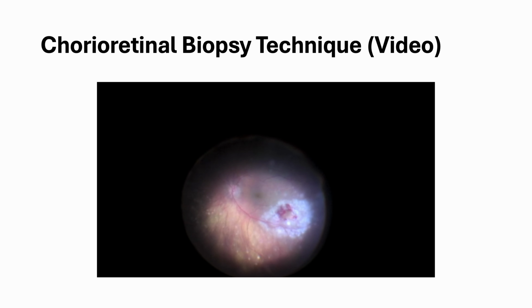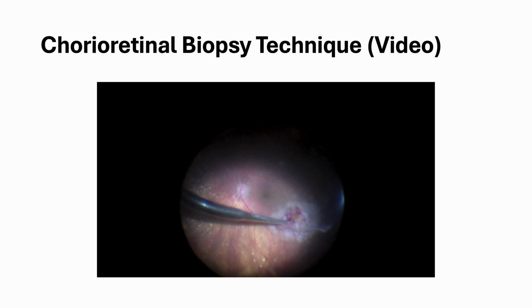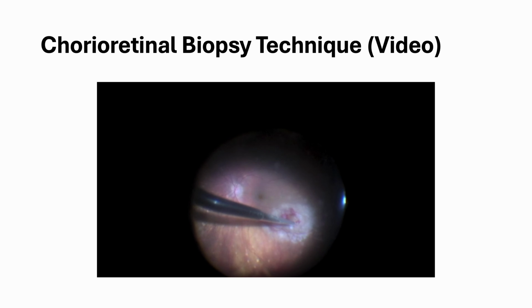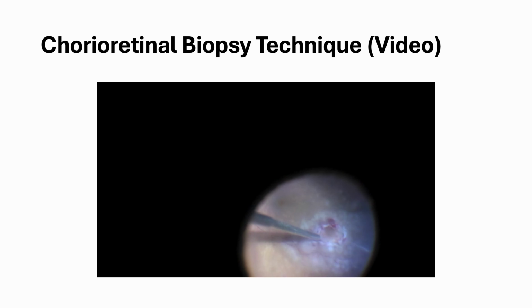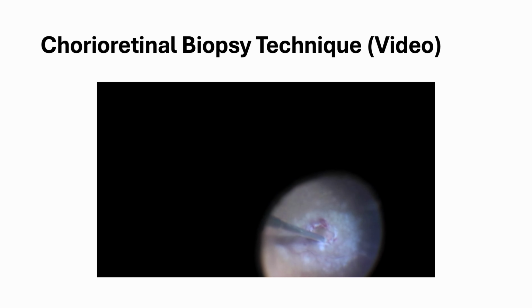In this case, we elected also to perform a choroidal biopsy. Again, endodiathermy is applied in the area of intended incisions in the choroid in an attempt to control bleeding.